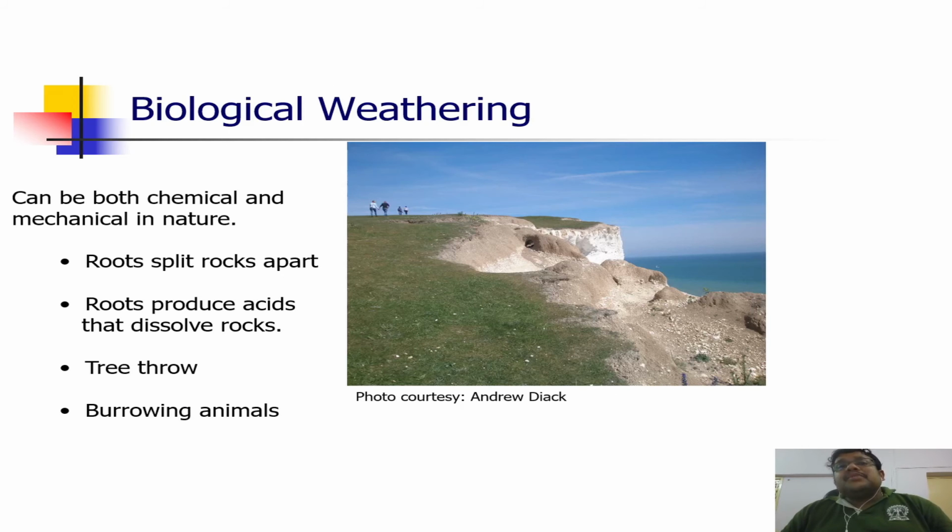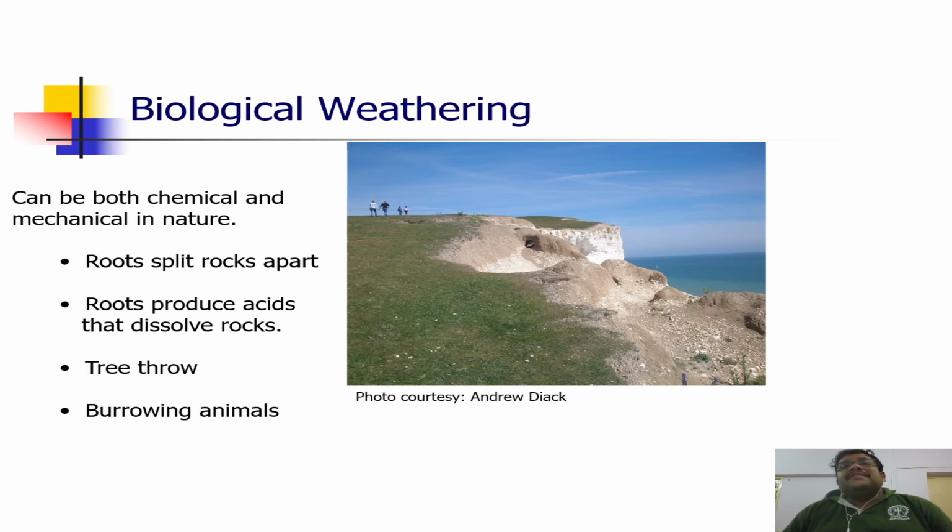So we have covered both physical weathering and chemical weathering. The third process is known as biological weathering. Remember that biological weathering is basically a combination of physical and chemical weathering, so it can be both chemical and mechanical in nature.